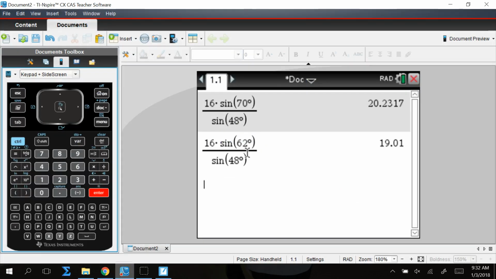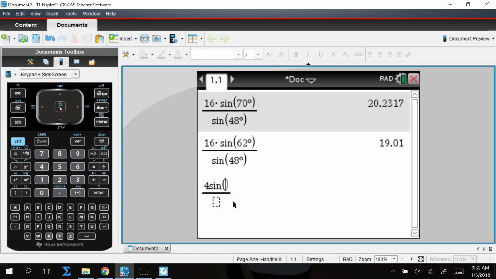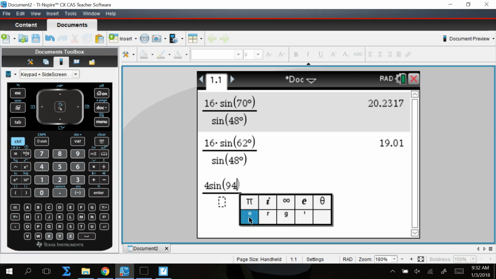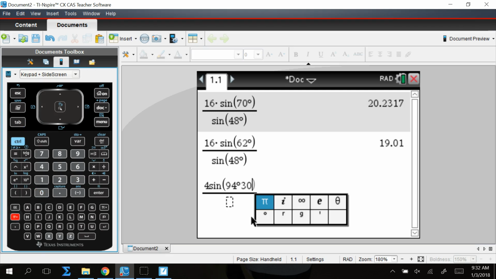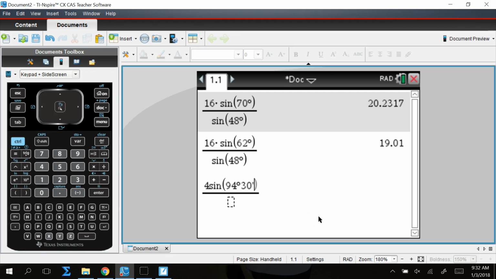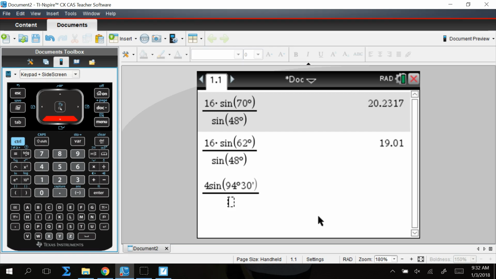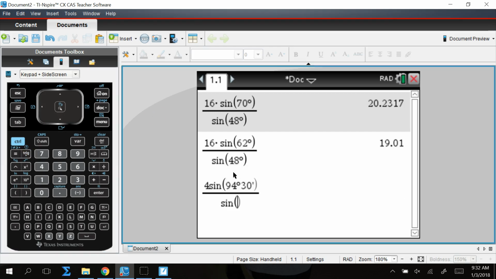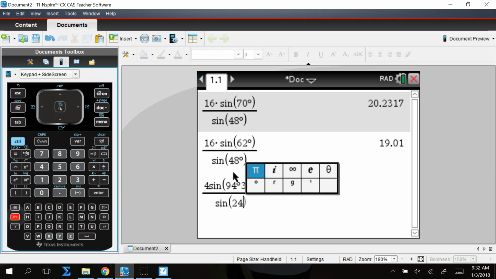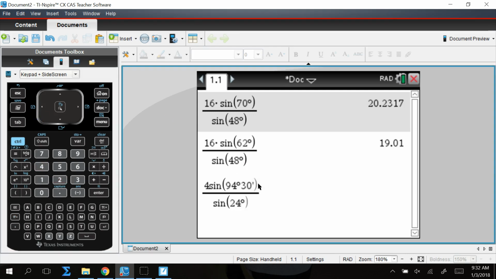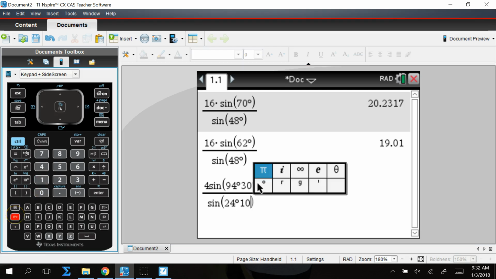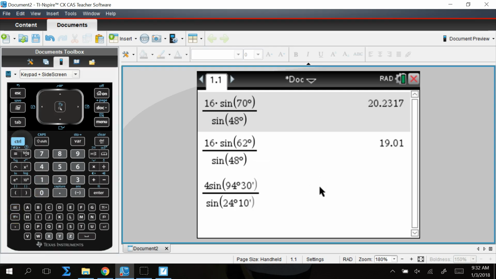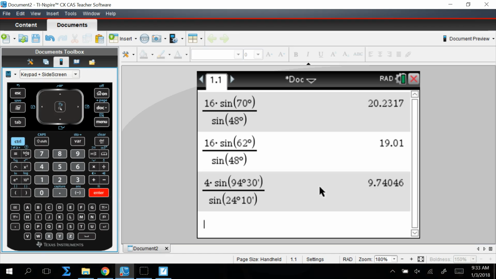Go to the calculator: 4 sine of 94 degrees 30 minutes divided by the sine of 24 degrees 10 minutes, and that gives me 9.74046.